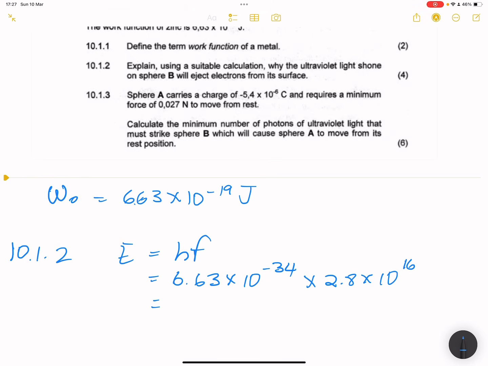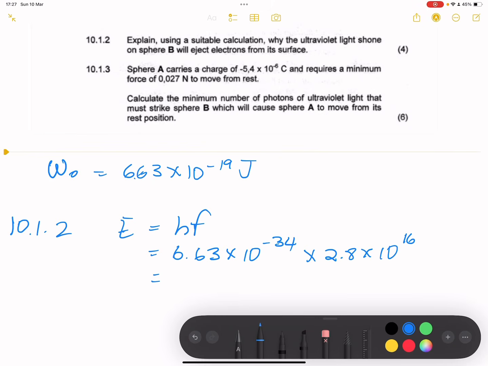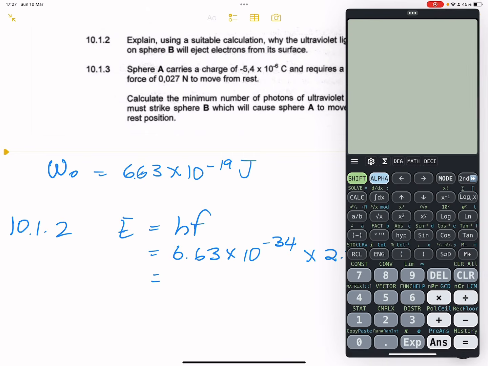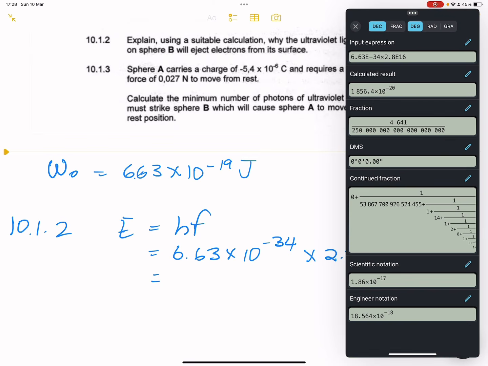Right, so in this case, I want you to note, if we can find out that the energy of the photon is greater than the work function, then definitely electrons will be ejected, right? So let's do that on our calculator. We're going to say 6.63 exponent minus 34 multiplied by 2.8 exponent 16. Okay, we get that value. That value gives us 1.86.